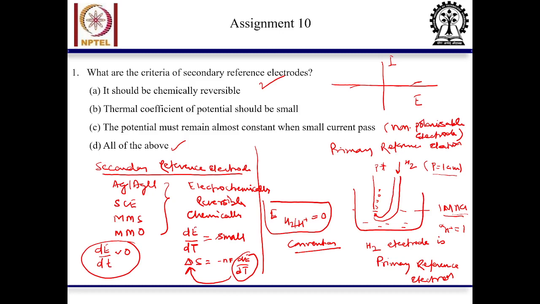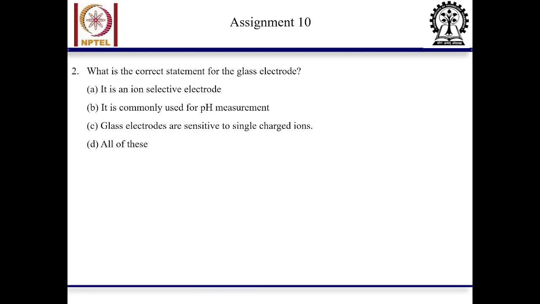Okay, thank you. Now coming to the next question. What is the correct statement of the glass electrode? It is an ion selective electrode. It is commonly used for pH measurement. Glass electrodes are sensitive to the single charge, and all of these. Now can anyone answer for this glass electrode?